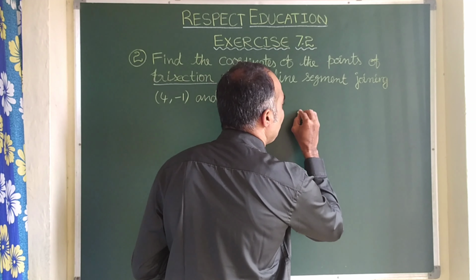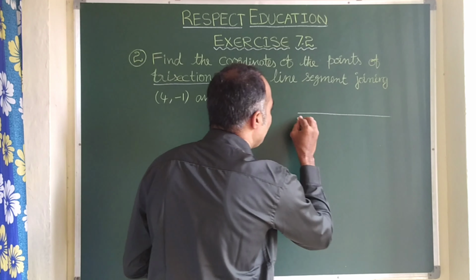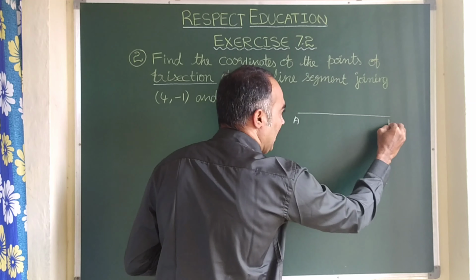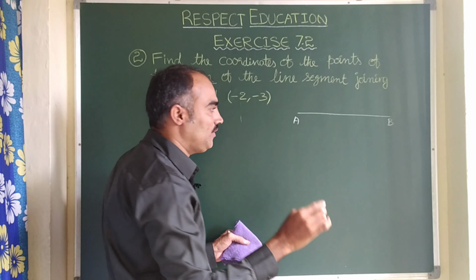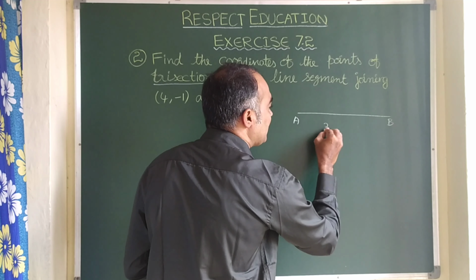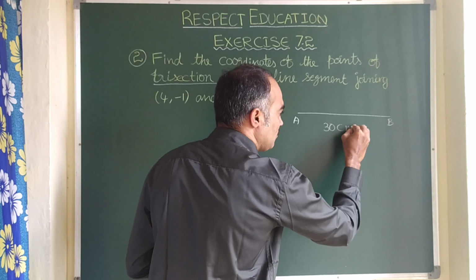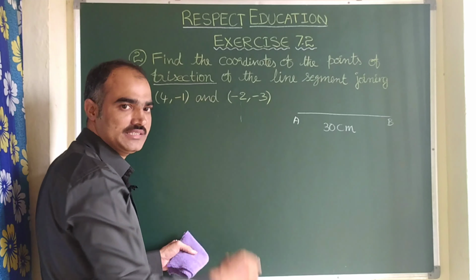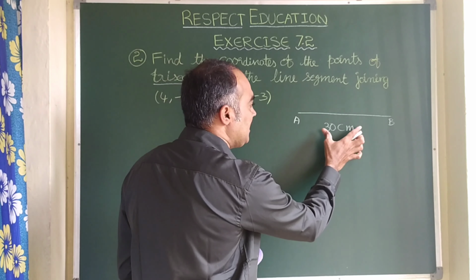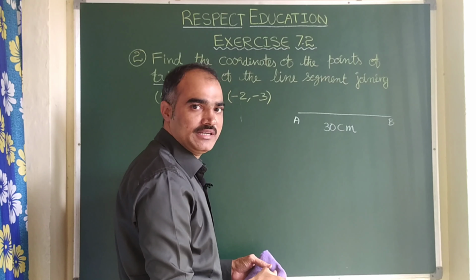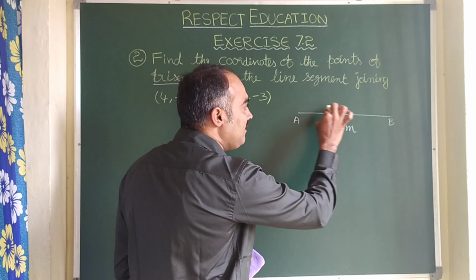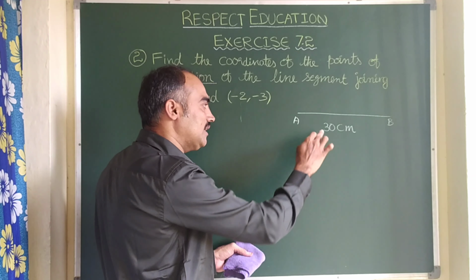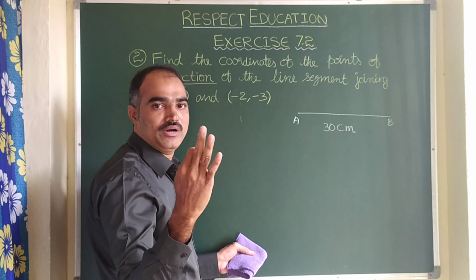For example, just to make you understand the concept of trisection, take a line segment of length 30 centimeter. Let us divide AB, that is a 30 centimeter line, into 3 equal parts.